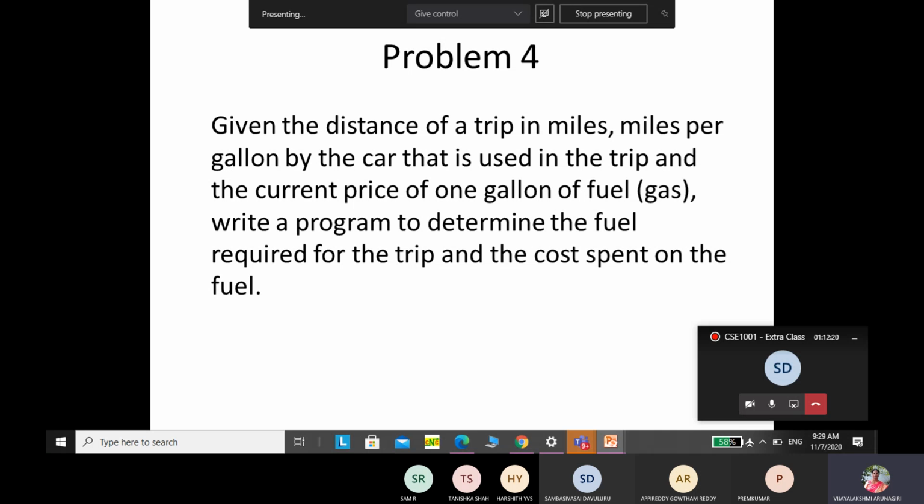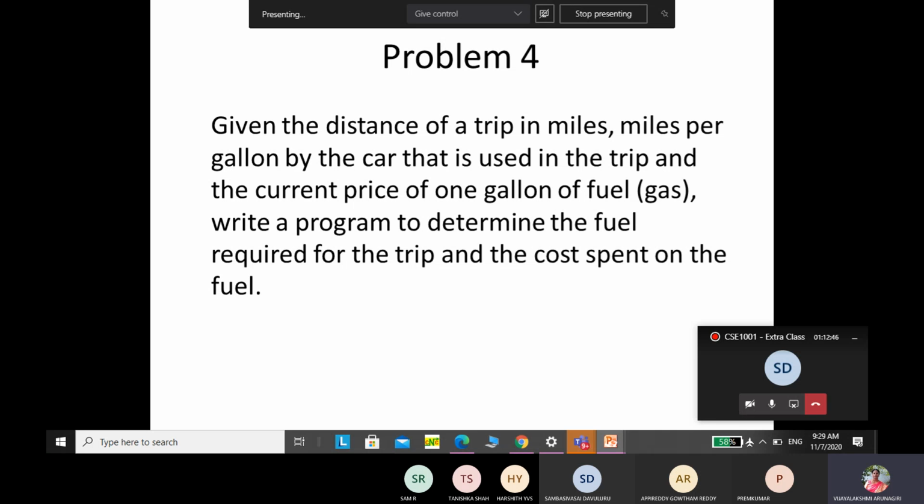So how will we calculate first the fuel required for the trip? Ma'am, they gave the number of miles and the miles per gallon, so we can calculate the fuel required by dividing the distance of the trip by miles per gallon.